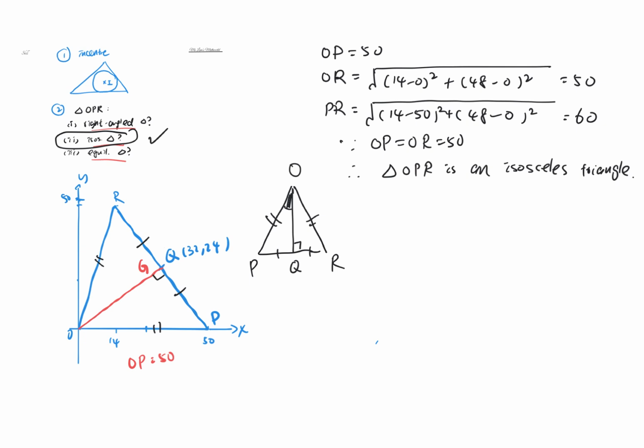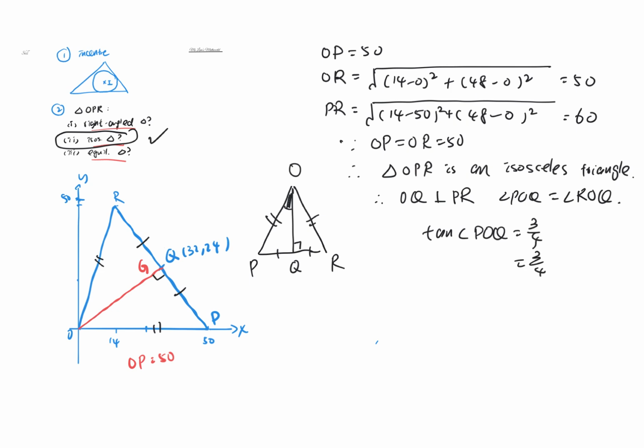That means a perpendicular bisector. So OQ is perpendicular to PR, and angle POQ equals angle ROQ. So tangent of angle POQ equals 3/4.